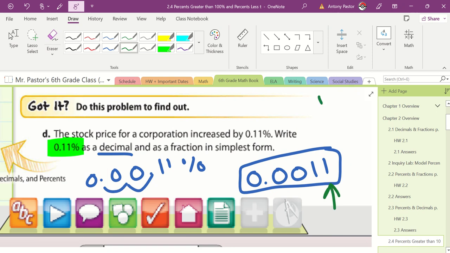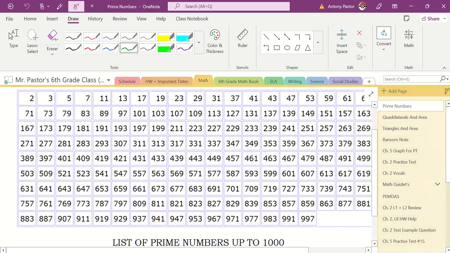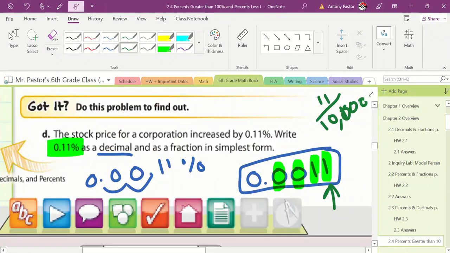Now as a fraction, I can easily put 11 over the last place value. So as a fraction, it will be 11 over, and again, we're going to highlight and count. This is the 10th spot, hundredths, thousandths, 10 thousandths. So this will be 11 over 10 thousandths. And we're going to check our chart. 11 is a prime number, but I'm not sure if 10,000 is a multiple of 11.